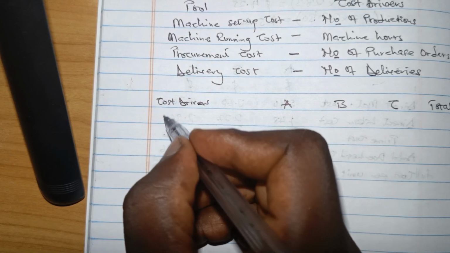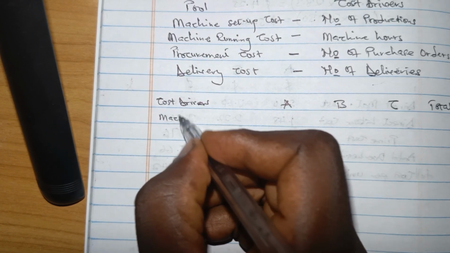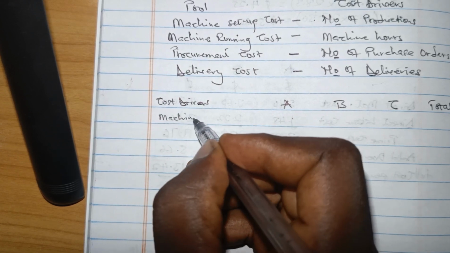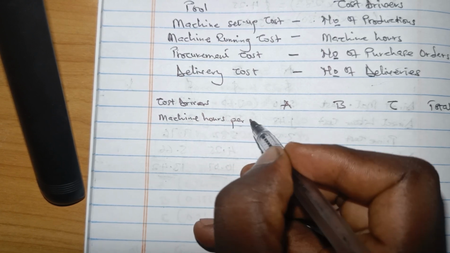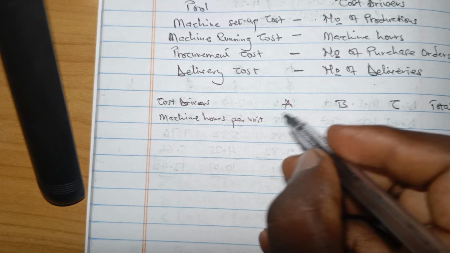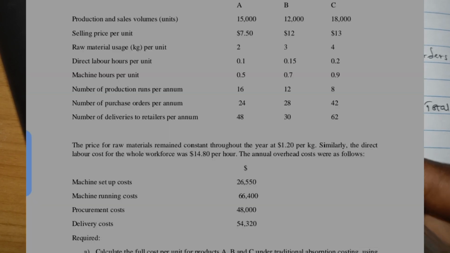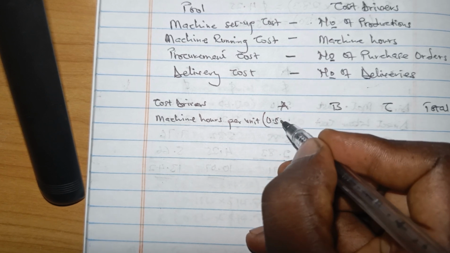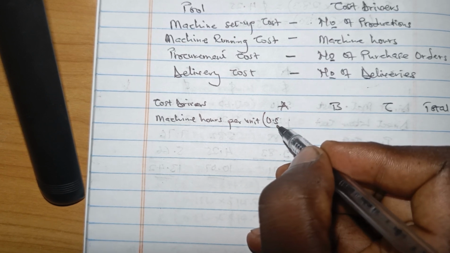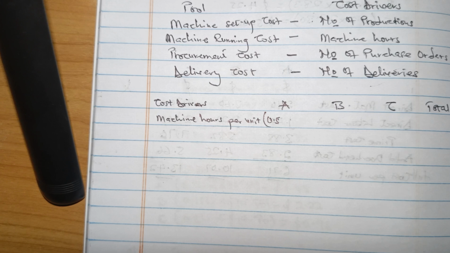For machine hours per unit, for A, you see the machine hour in the question is 0.5 for A. Now, this 0.5 can't be useful unless you multiply it by the production units.